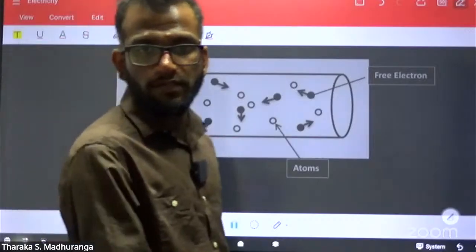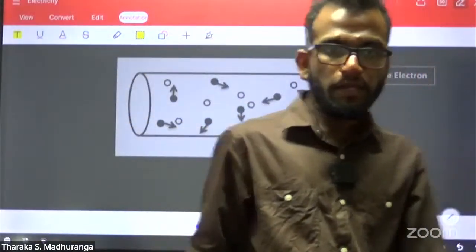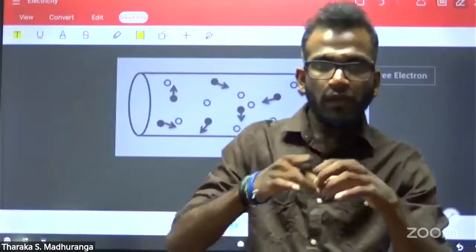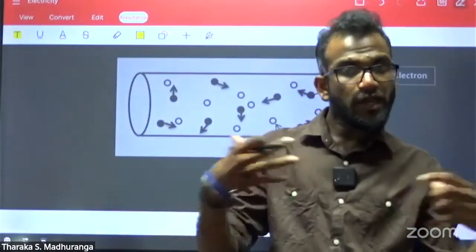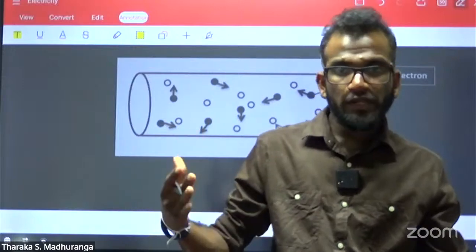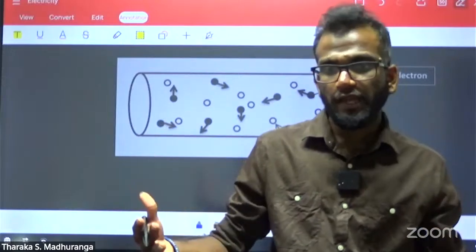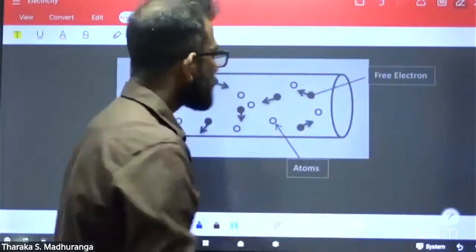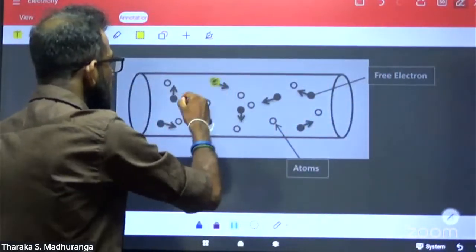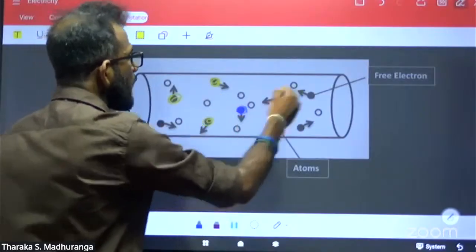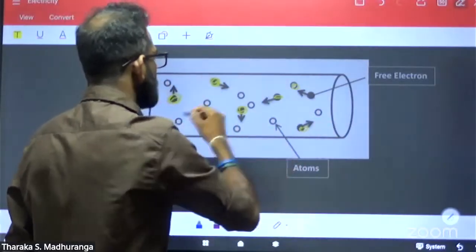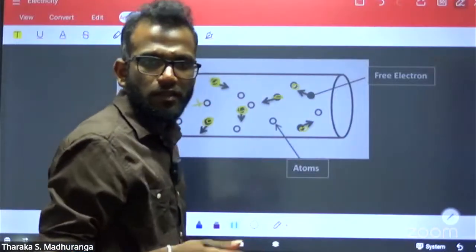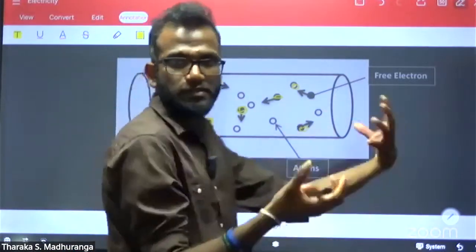They are the reasons. If we consider a conductor, it does not only contain free electrons. Free electrons are only one type of carrier, but it has other ions as well: positive ions, different neutral ions. It has a lot of ions.